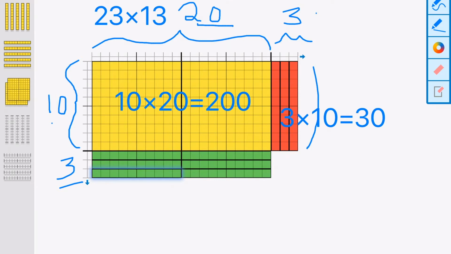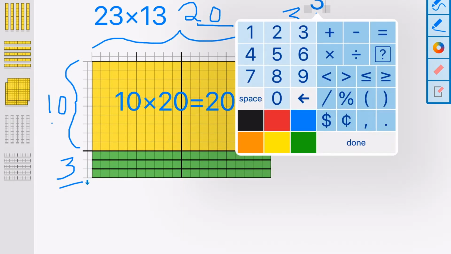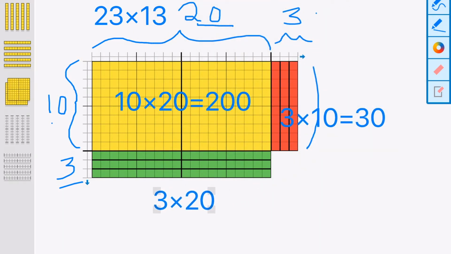The equation I can write for this part would be 3 times 20. And then finally, I have my ones, 3 times 3, which will fill out this last little part of my array or area model. And this I'll have to fill out with my units or 1 pieces.